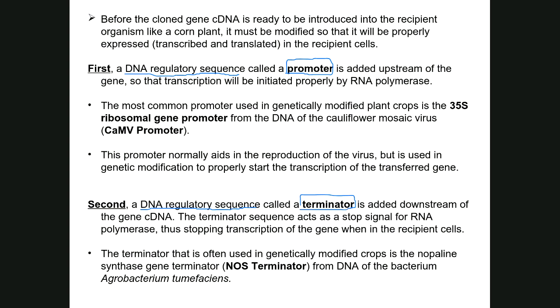Regulatory meaning control. These two sequences help with control of the gene being expressed by the recipient, by the organism or the cells we want to transform or convert into a GMO. Now the promoter is placed upstream, and the terminator will be placed downstream.